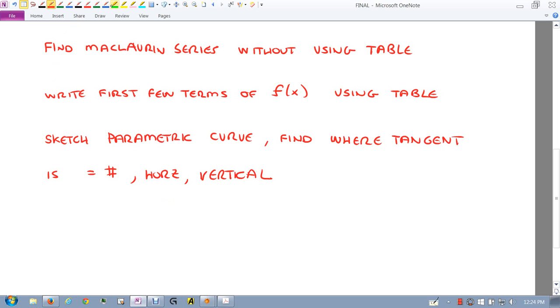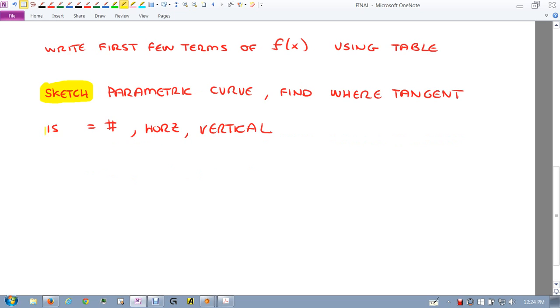The sketching part of it, again, I'll make something that you can do by hand, but that I encourage you to use a calculator for. So I want a decent picture of it. What's the next thing? All right, the next one would be, we did derivative.